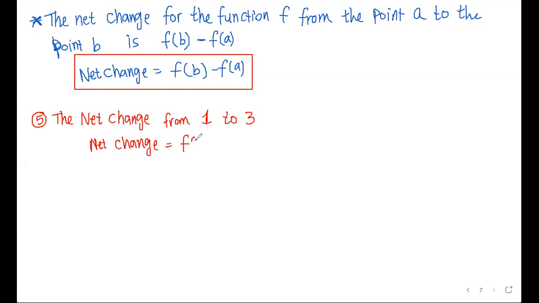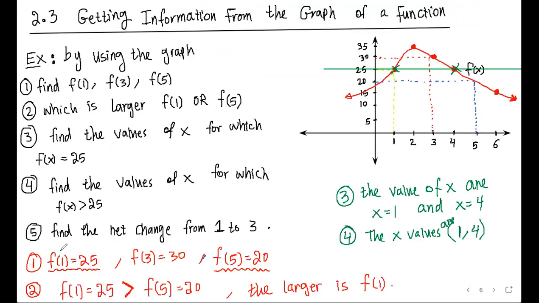So f of 3 minus f of 1. Now, f of 3 you can find from the graph, and f of 1, the same thing from the graph. Or from the first example, because in the first question, the example, find f of 1 and find f of 3. f of 1 is 25, f of 3 is 30.